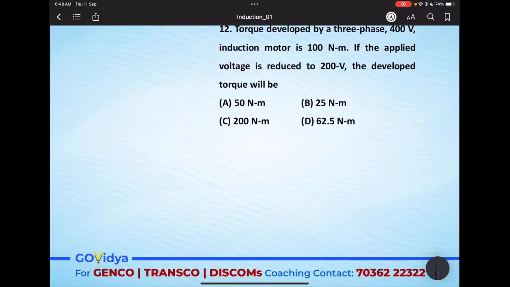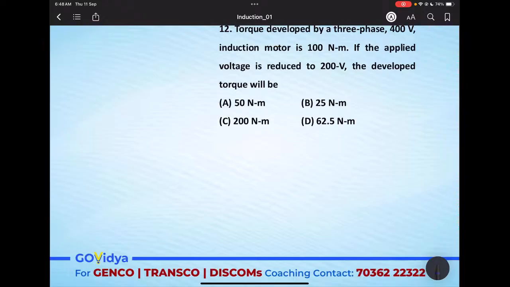Let's move on to the next question. The question is: the torque developed by a 3-phase 400 volt induction motor is 100 Newton meter. If the applied voltage is reduced to 200 volt, the developed torque will be.